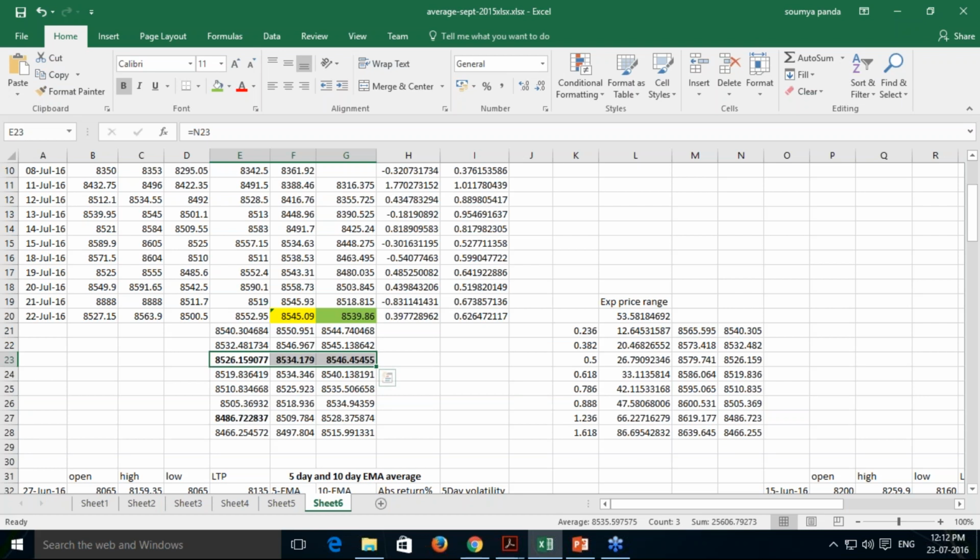This is the most important part of our changes. When the price goes to the 8526 level, this trend changes: the 5 days moving average becomes lesser as compared to the 10 days moving average.